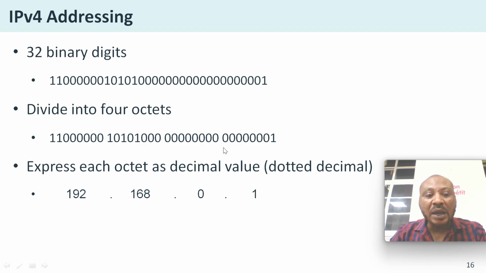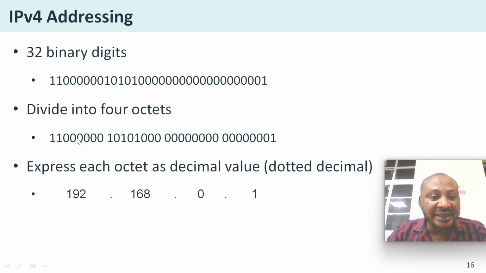Now, when you convert the first part to decimal, you're going to get 192. Convert the next part of 8, you're going to get 168. Convert the third part to decimal, you're going to get 0. Convert the last part, you're going to get 1. In our network essentials class, I'm going to show you how to convert them to decimal. Many people are going to take the network essentials class, it's going to be very big, so watch out for that class, right?